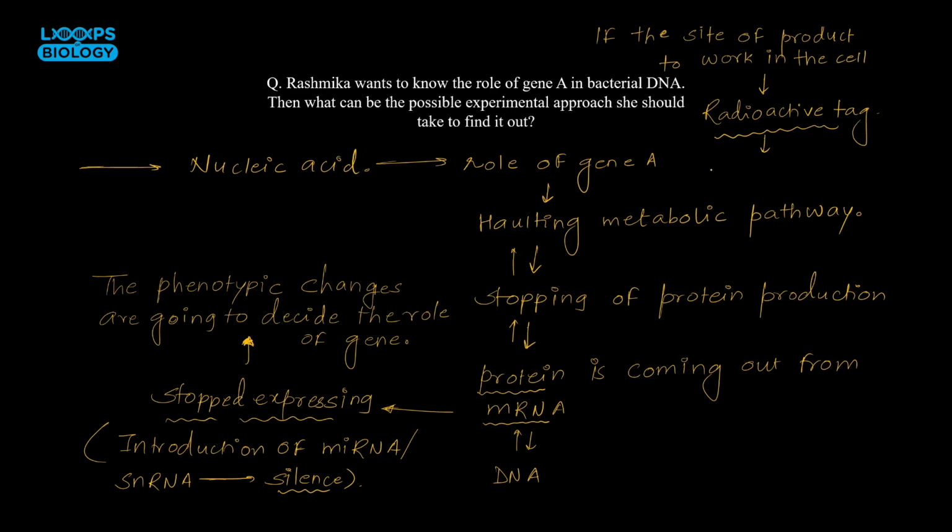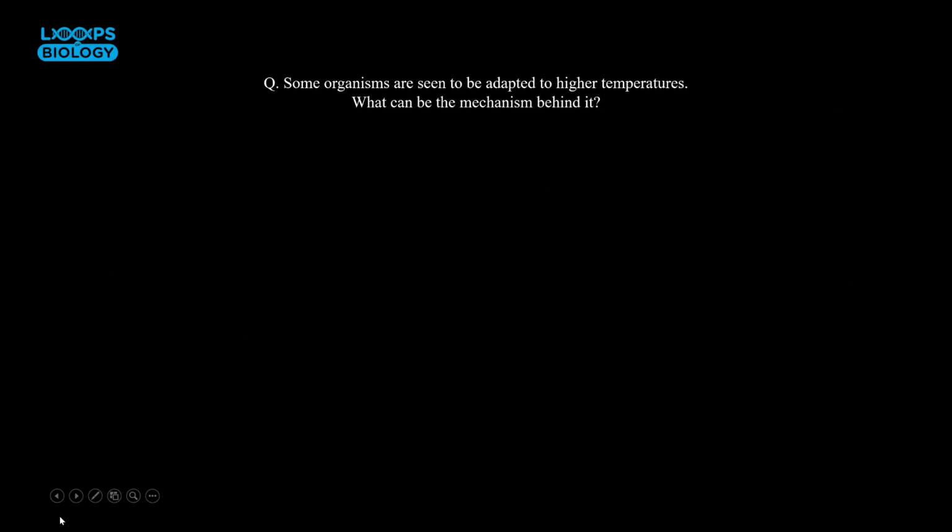That means either a fluorescent protein can be formed. That fluorescent protein will give you information regarding the site of that particular product working inside a cell. Got it, guys? So this was a particular experimental setup.